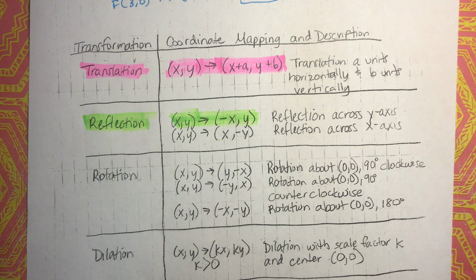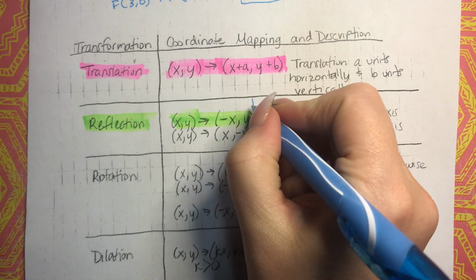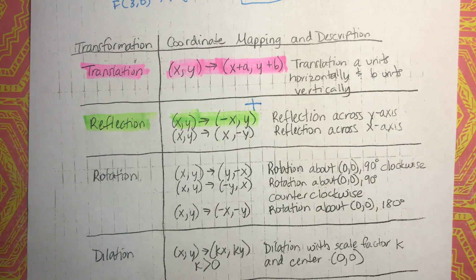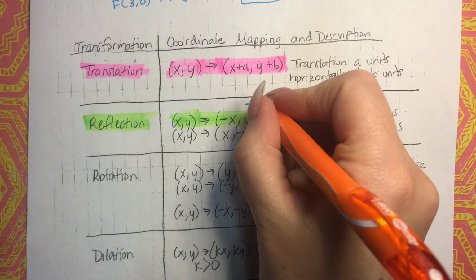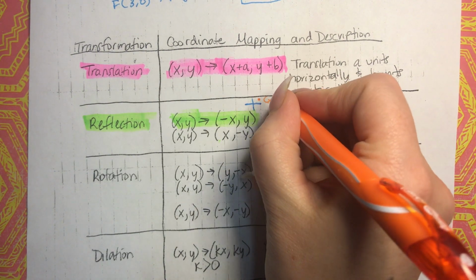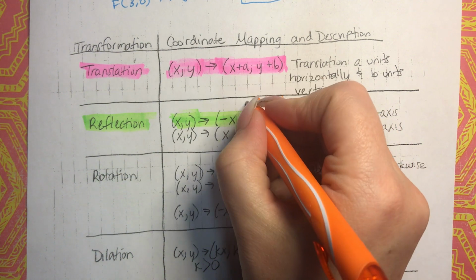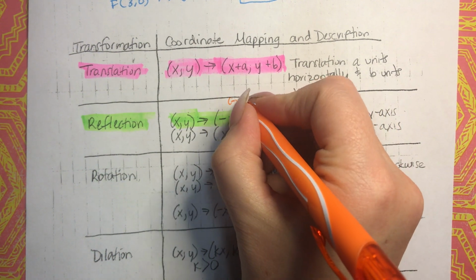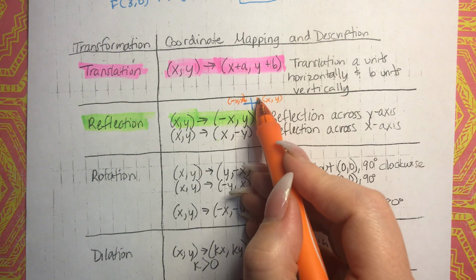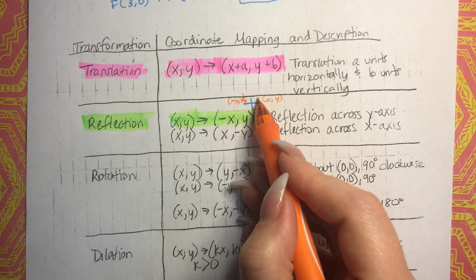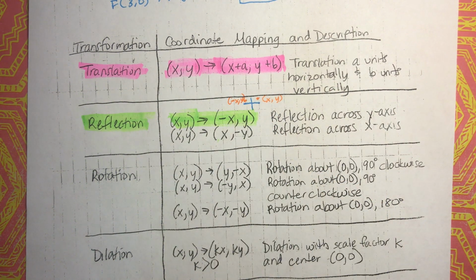What would that look like? So if I have a point over here that has X, Y, and then the X becomes negative, well, that would mean it would shift over here, and it would become negative X, Y. And so that is a reflection across the Y axis.